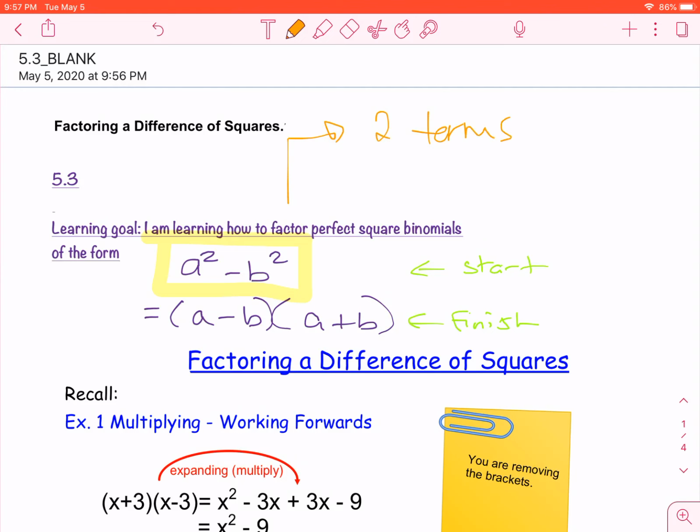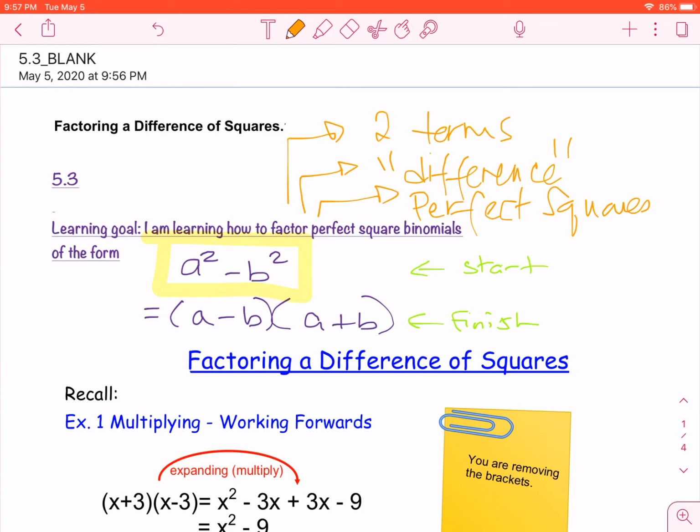Our first term is a squared, our second term is b squared. The second thing you'll notice, there's a difference in between the two terms, meaning you're subtracting. And the last thing you'll notice is the terms in your binomial are perfect squares.